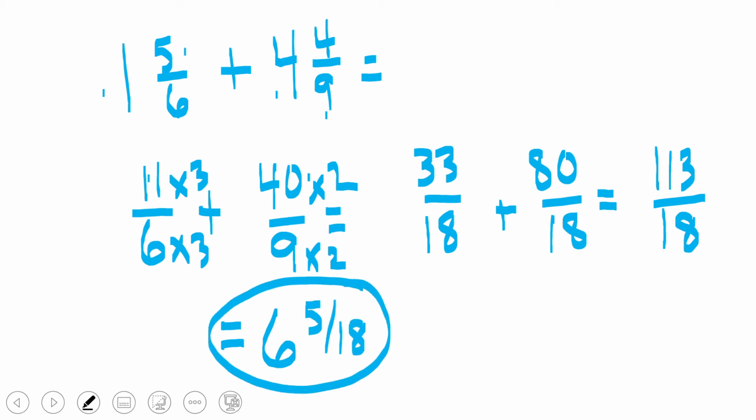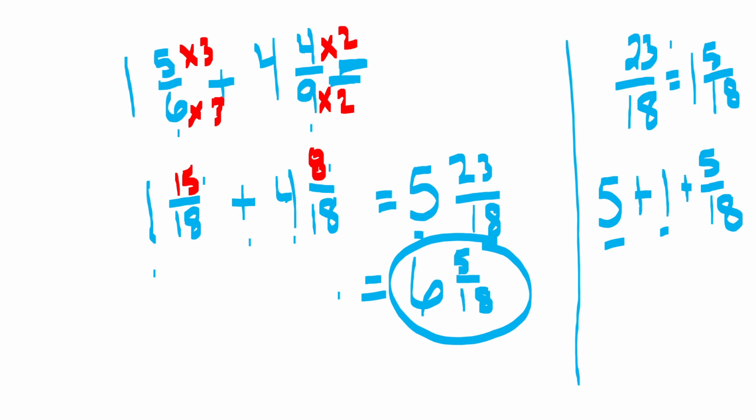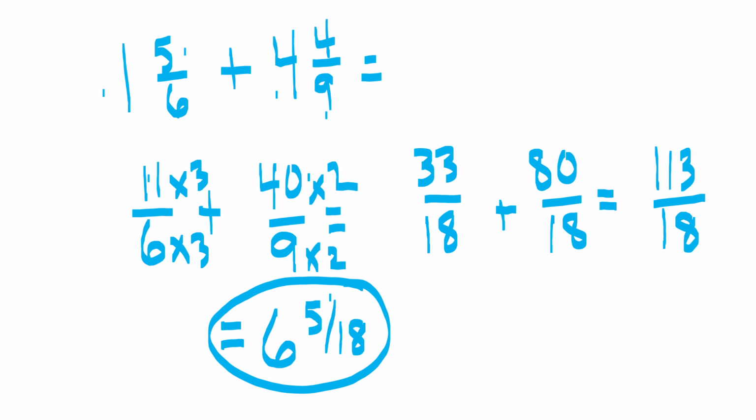So you can see going through this method, making improper fractions is just like keeping the whole number and working with the fraction in the result. 6 5/18.